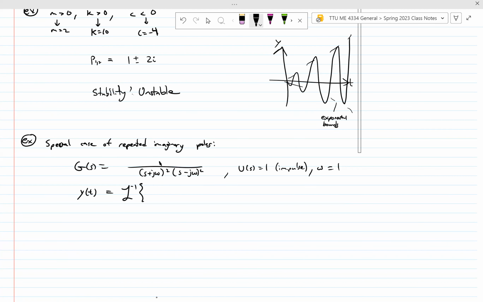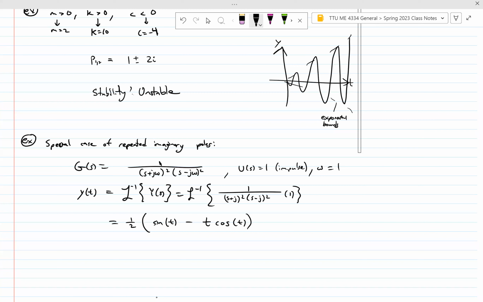But if we do an inverse Laplace transform of y of s in this case, which would be 1 over (s plus j) squared times (s minus j) squared, with an input of 1, we would end up with a solution that is one half times sine of t minus t times cosine of t.